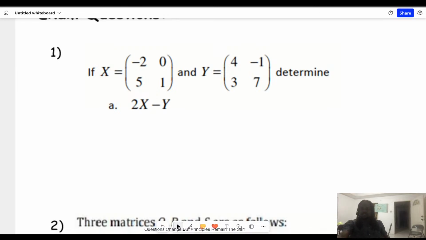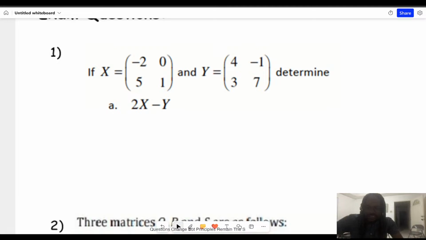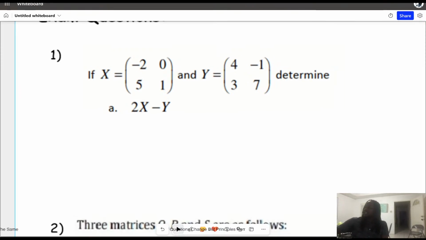Anybody else? Okay, I'm seeing a couple more answers here as well. Alright, let's work this out. Zero, alright, and I'm seeing some varying answers as well.